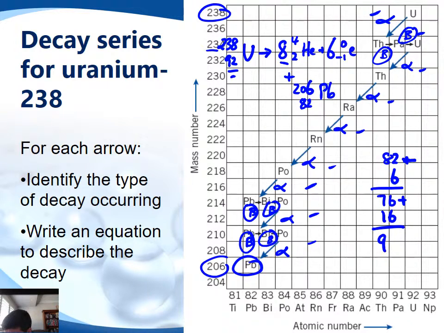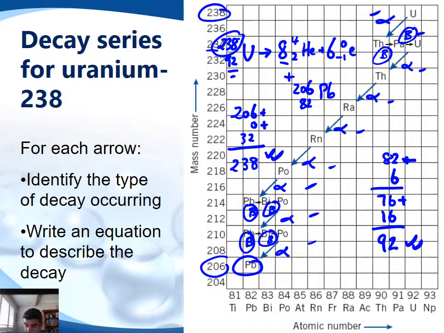And so that becomes 92. So I did that right. Let's see if the masses add up as well. I need 238. I have 206 from the lead. I have no contribution from the beta decay, but I have 8 times 4 is 32 from the alpha decay. So I have 238, and it's all balanced.